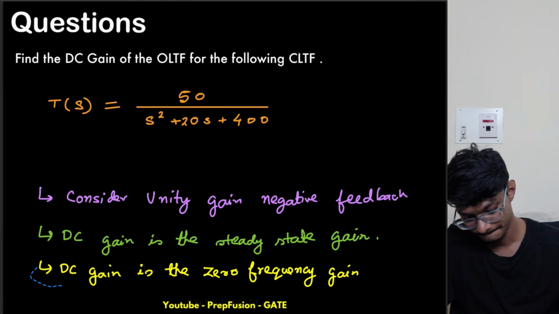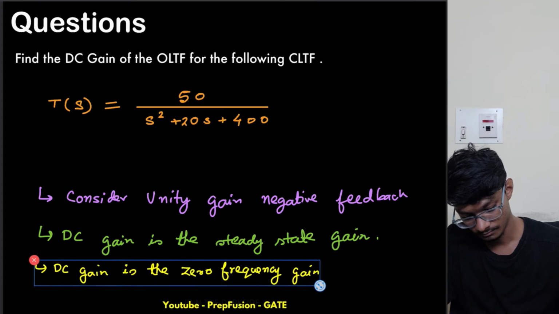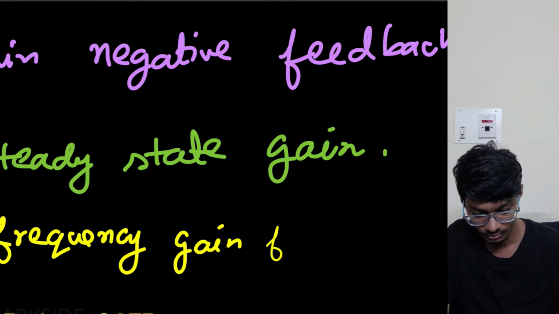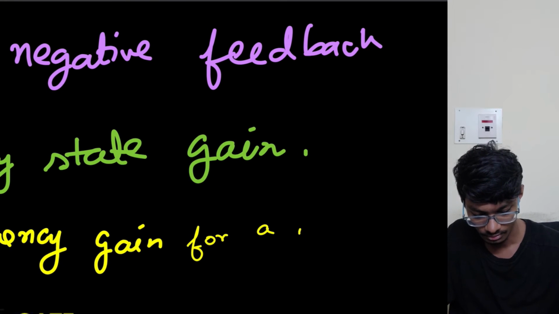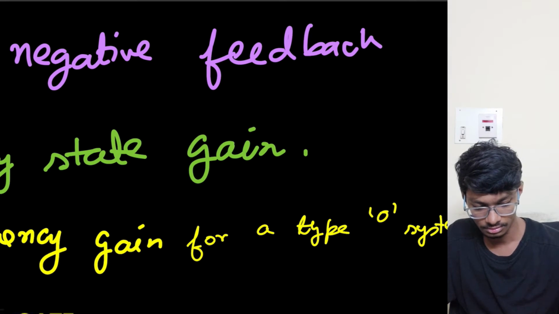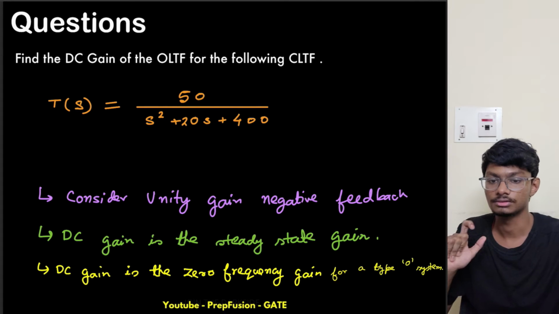Zero frequency gain for a type 0 system. Okay, so this is the definition of DC gain.